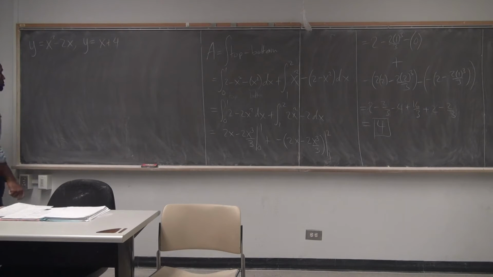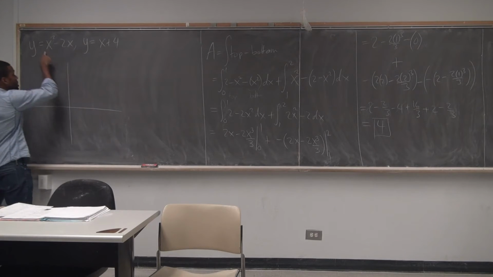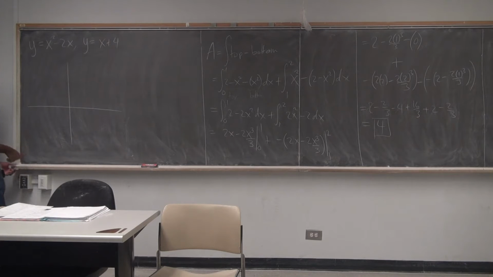Okay, what do we do? Let's do a sketch. What's this guy look like? It's a parabola. Where does it go through?